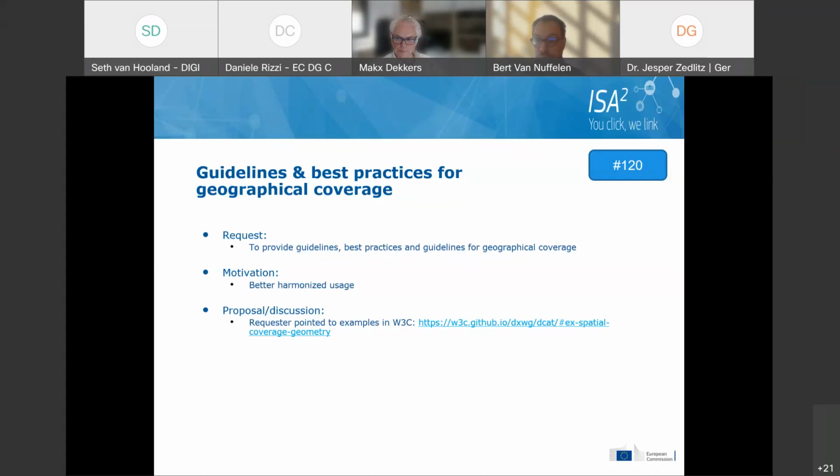So I think this is sufficient unless people would like to have more specific guidelines in the context of DCAT-AP. So the question is: is this sufficient for you, or do you think we should work towards specific DCAT-AP guidelines?